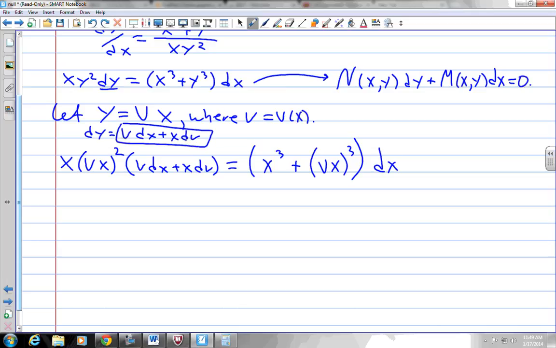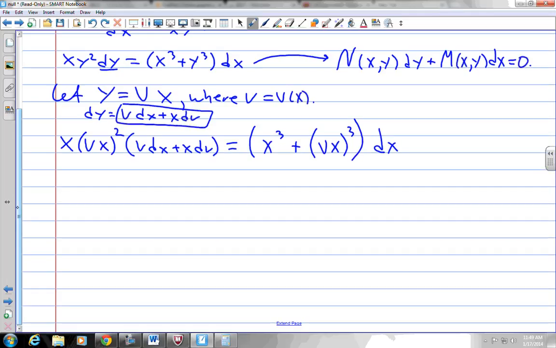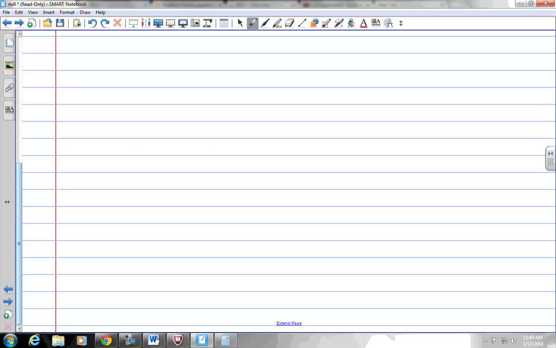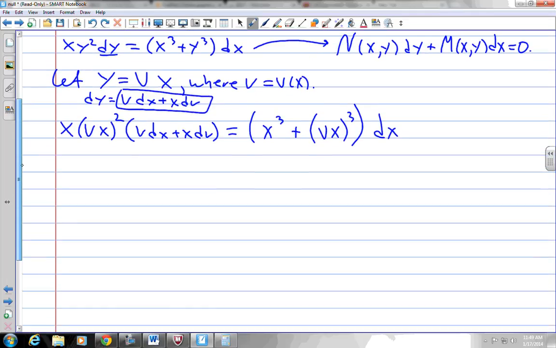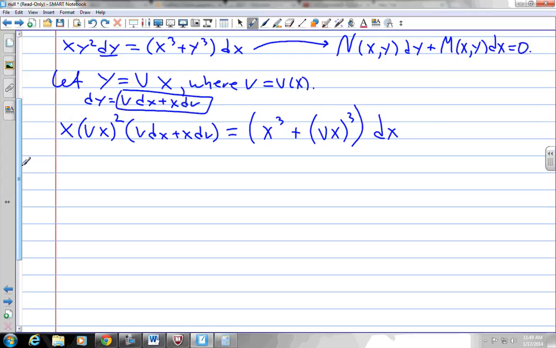Well, now let's see if I can do this one by separating variables. So let's do some simplification. x times vx squared will give me v squared x cubed. Is that okay?